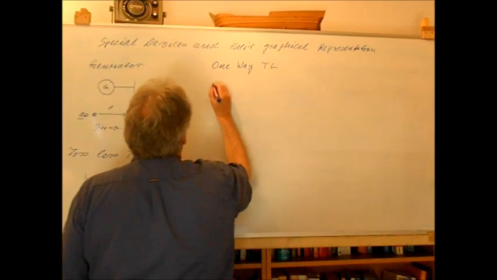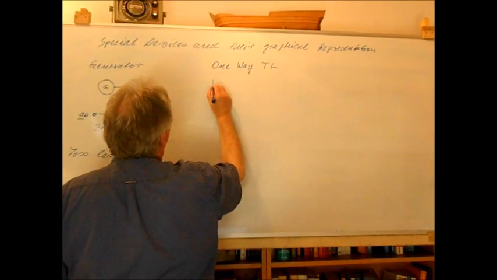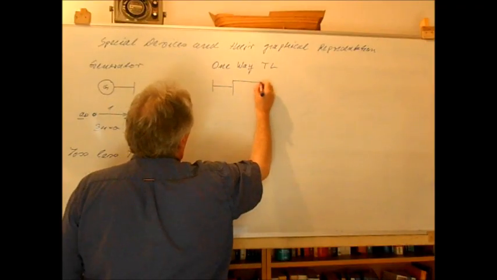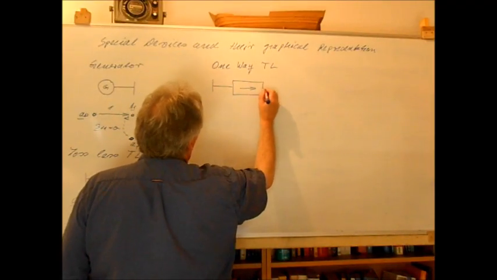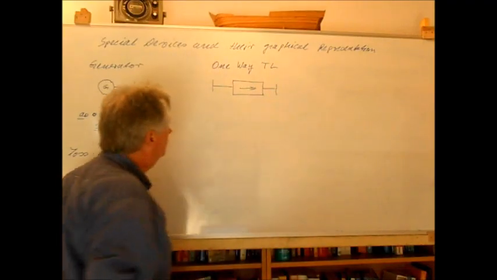TL, one-way transmission line. These are special transmission lines which are used to protect the generator against reflections.